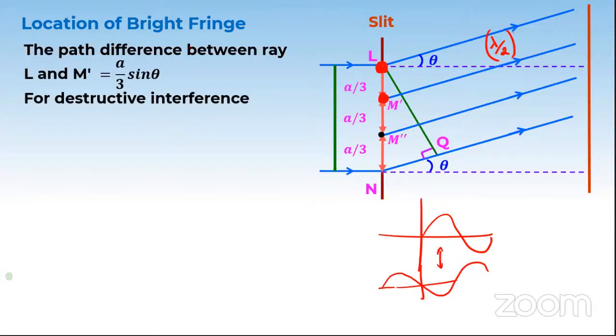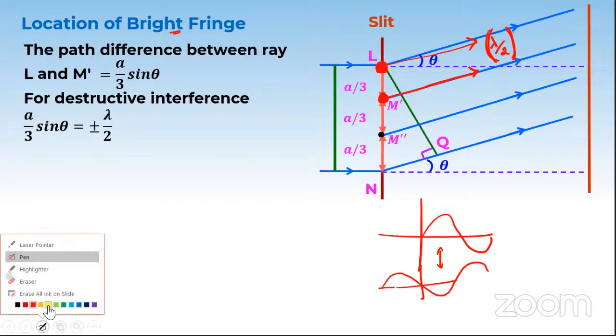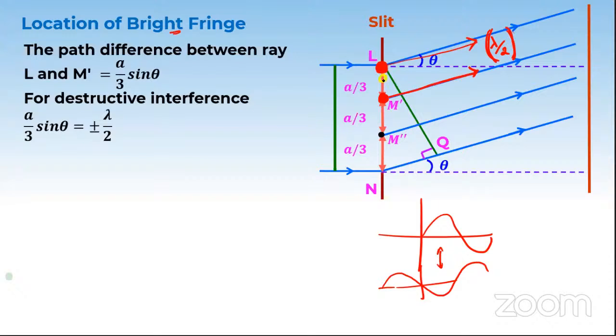So even though I'm deriving for the bright fringe, I'll make sure that they have the distance of lambda by 2. This L wave will cancel this M dash wave because they're at a distance of lambda by 2. They cancel out. So now what will happen? Very simple. I'll take one more point here at some distance, and I'll take one more point here at some distance.